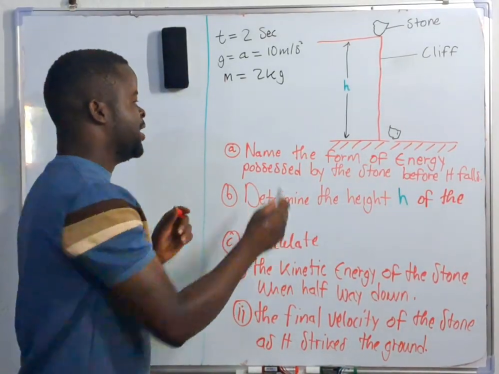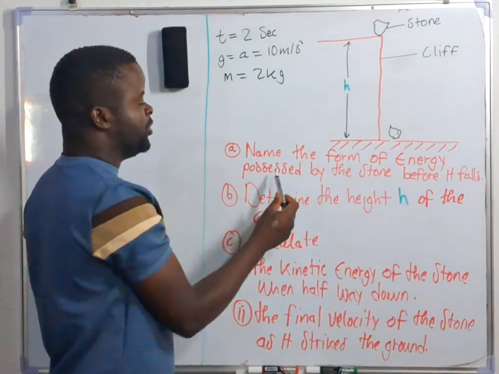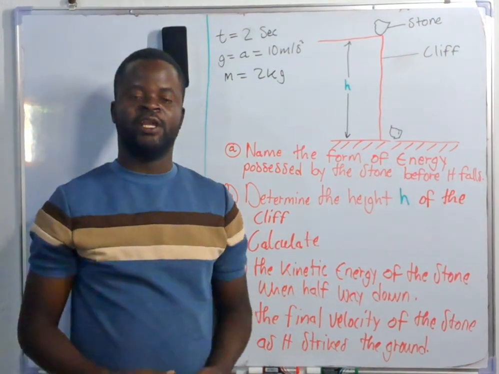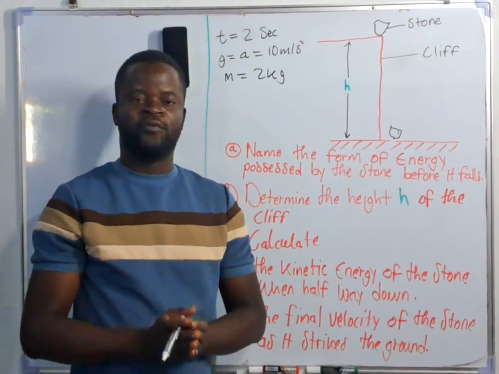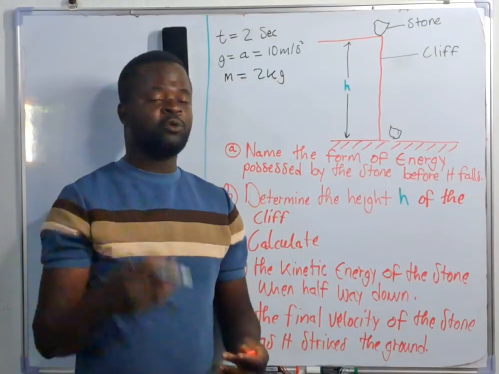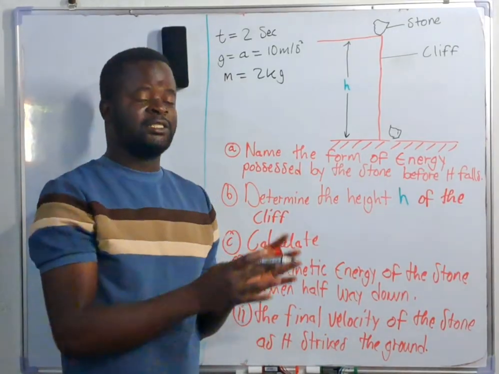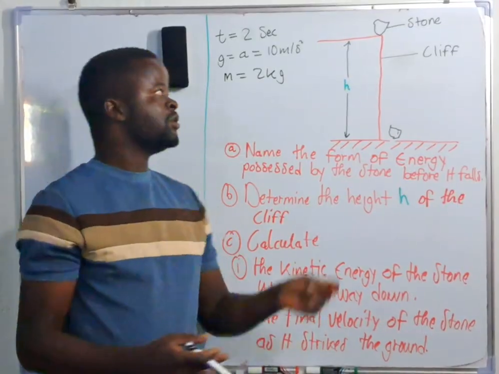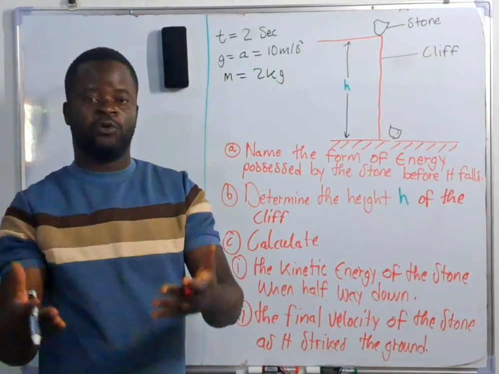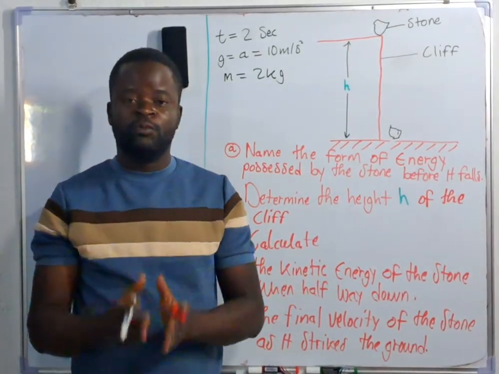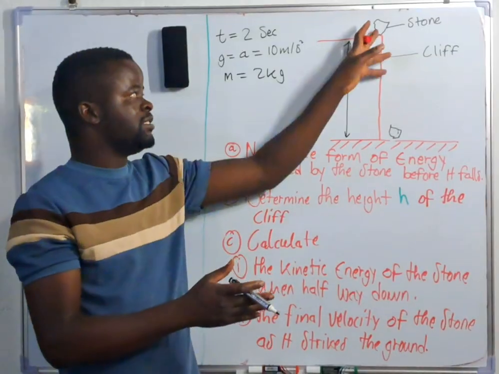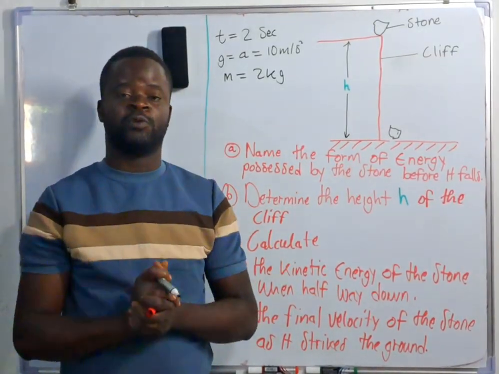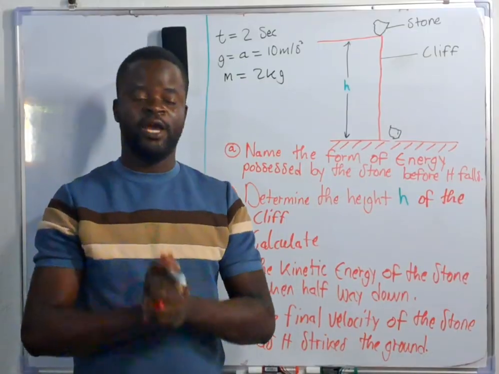Question A is saying, name the form of energy possessed by the stone before it falls. Remember, we have two common forms of energy. Mainly at grade 12, we only focus on kinetic and potential. If they are saying before it falls, meaning that the object is not moving, the form of energy that it is possessing on top of this cliff or building is what we call potential energy.